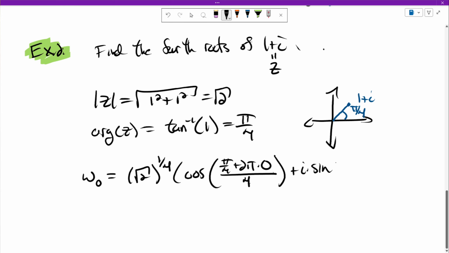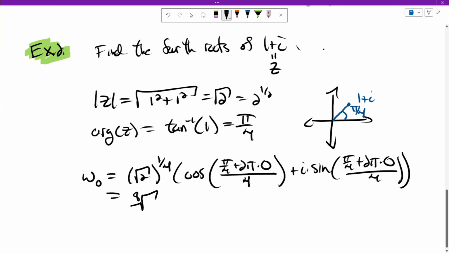And then i sine of pi fourths plus 2 pi times 0 over 4. Now, the square root of 2 is 2 to the 1/2. 2 to the 1/2 to the 1/4 is 2 to the 1/8, or the 8th root of 2. The 0 goes away in both of these, and we're left with cosine of pi over 4 over 4, which is pi 16ths. And similarly, it's going to be i sine of the same angle.